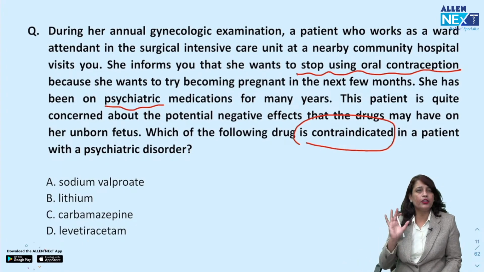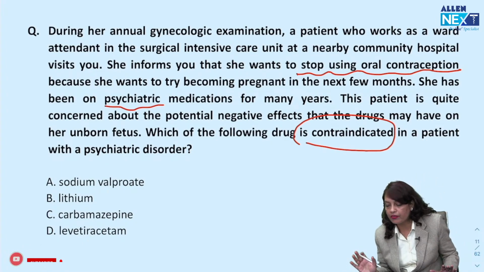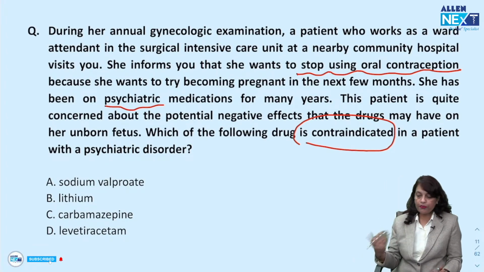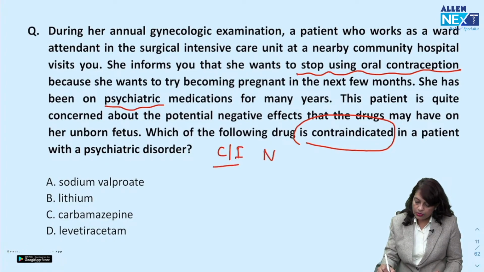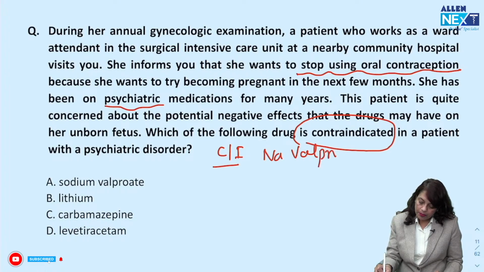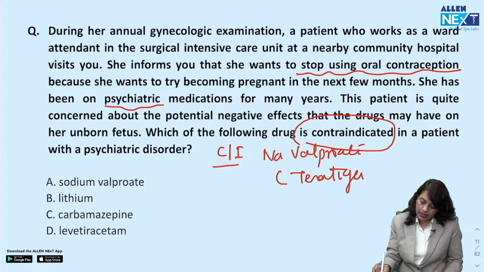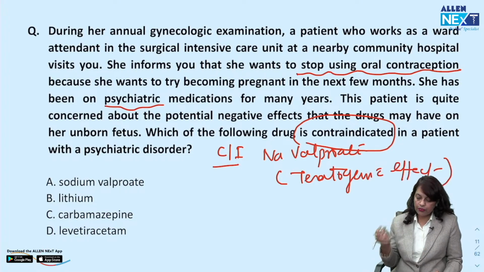I have already taught you plenty of times in my revision classes and live classes, face-to-face sessions, that the anti-epileptic drug which is absolutely contraindicated is sodium valproate because it has got teratogenic effect.